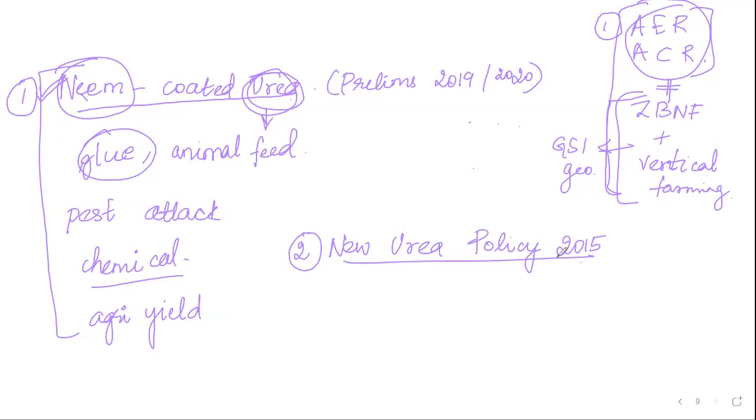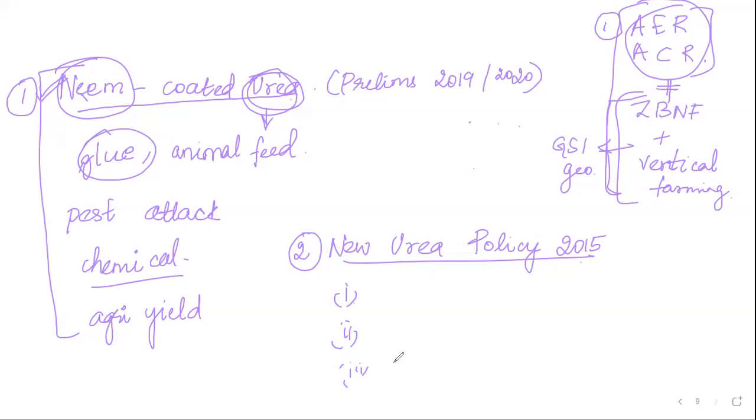Objectives of the policy: there are three objectives, so write it in point-wise, one, two, and three. Number one, to maximize indigenous urea production in the country. Number two, to promote energy efficiency in urea production plants.